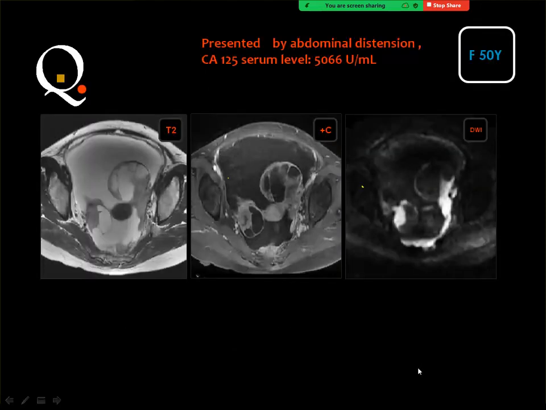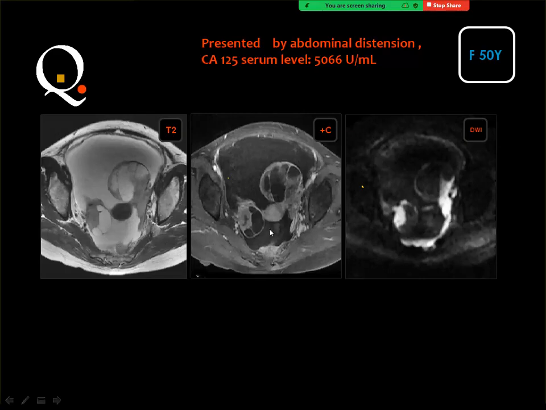Next case is a 50 years old female presented by abdominal distension with marked elevation of the tumor marker CA125.